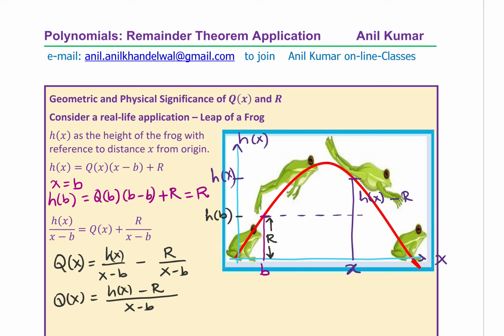Is that clear to you? And x minus b is the horizontal distance. So what is q of x? Clearly, as you can see here, q of x is the rate of change. So q of x is rise over run. Do you see that? So that is to say, it is the rate of change.